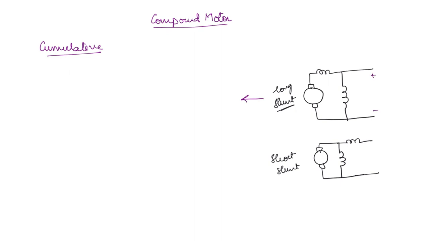Say the supply voltage is Vs for both the cases and let the back EMF be EB. Then what will be the equation for long shunt? EB is equal to the supply voltage minus the drop across the series winding and the drop across the armature.